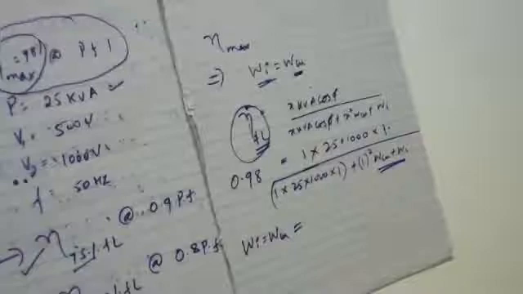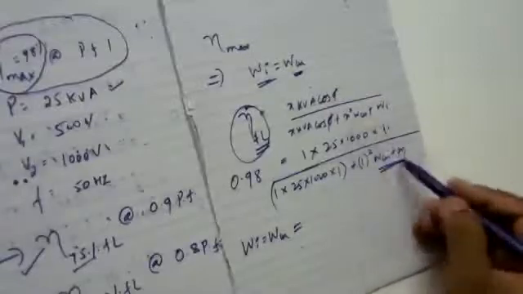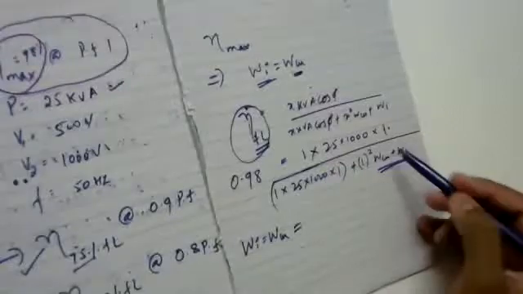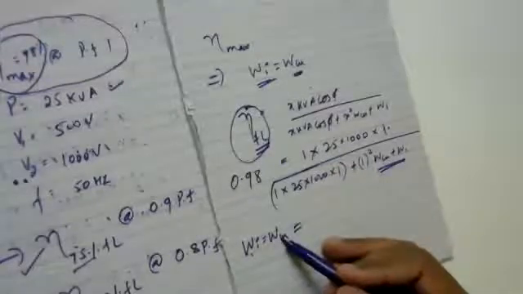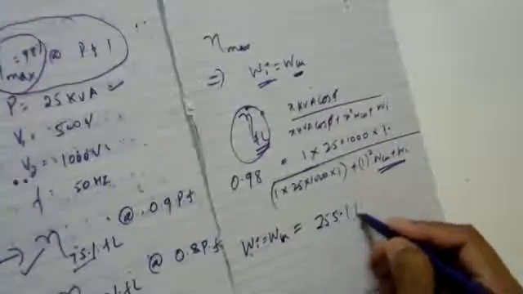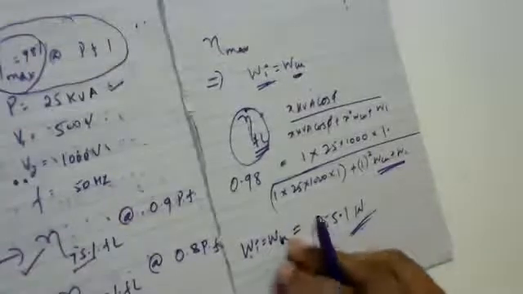Yes or no? It is simple mathematics, man. Having this data, you want to compute WCU and WI. So WI is equal to WCU, which is equal to 255.1 watts.